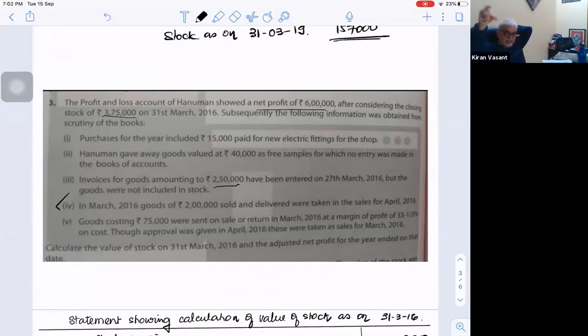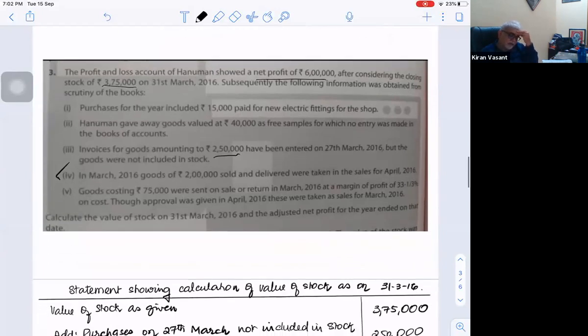One, we need to reverse the sales made in this month, right? And then we need to add the value of the closing stock to our closing stock.